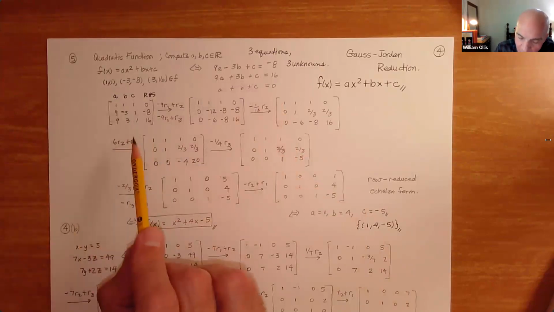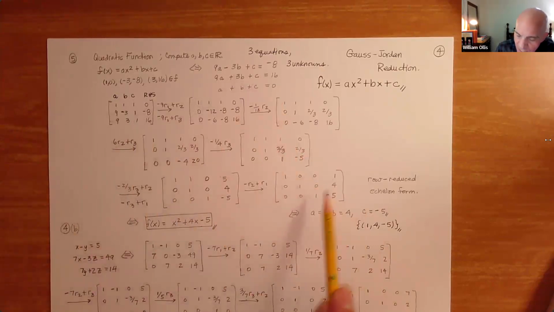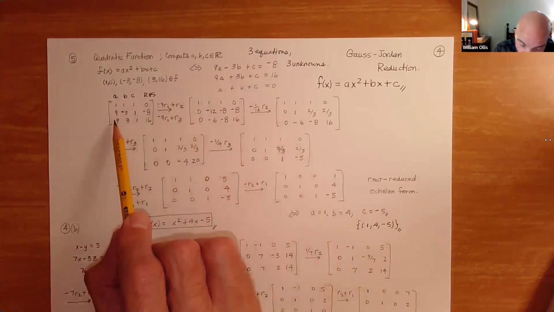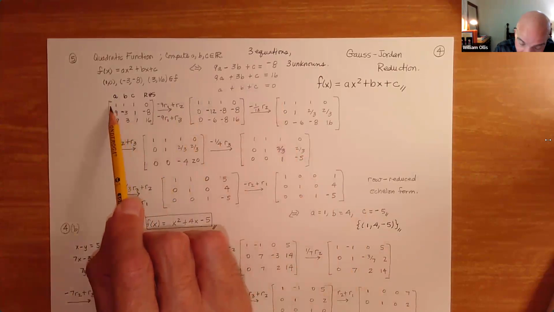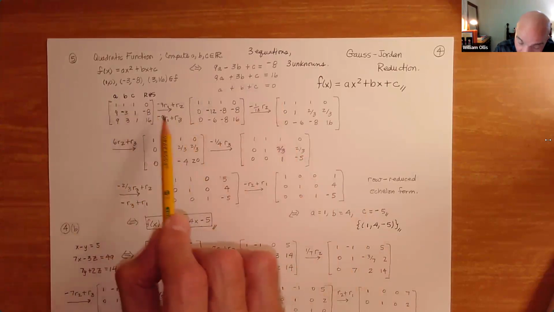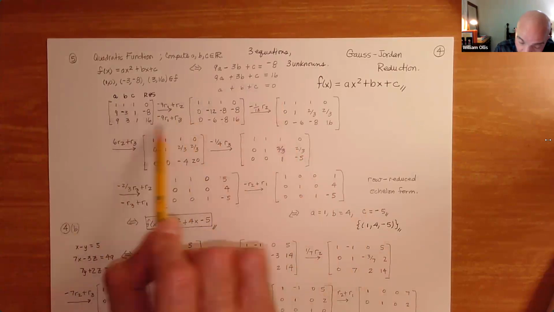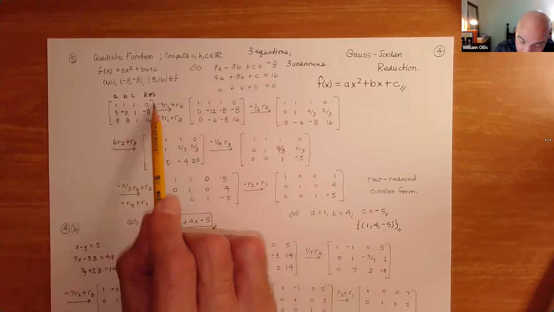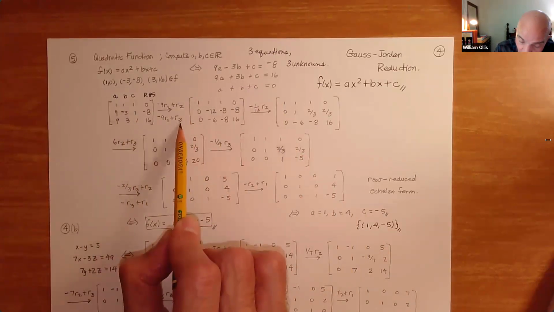So at this point, the process, even though it's a little bit longer, is certainly very simple. Notice, in order to get the zeros here, we're going to take -9 times the first row and add it to the second row. And we're going to do the same for the third row. That is, we're going to multiply -9 times the first row and add it to the third row too.